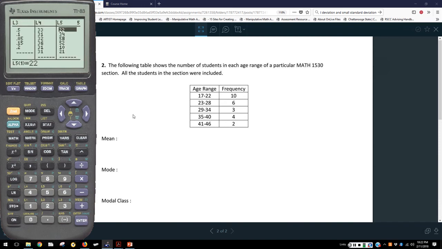You go to the calculator and you go to your edit menu. And at this point, since I'm finished with the weighted grade data, and I'm finished with the dogs data, I'm going to actually clear those two out.